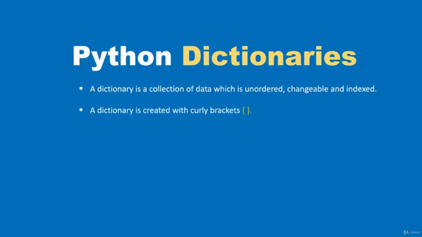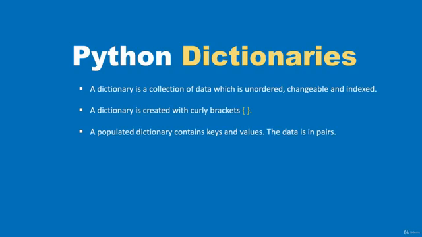Also, a populated Python dictionary will have keys and corresponding values. So the data inside a populated dictionary is paired, paired in the sense that they have keys and the keys have corresponding values.